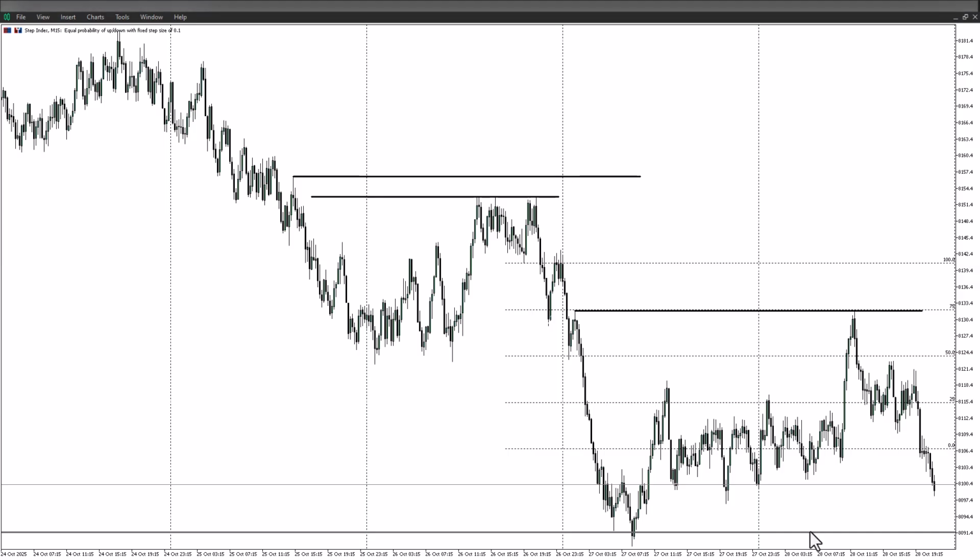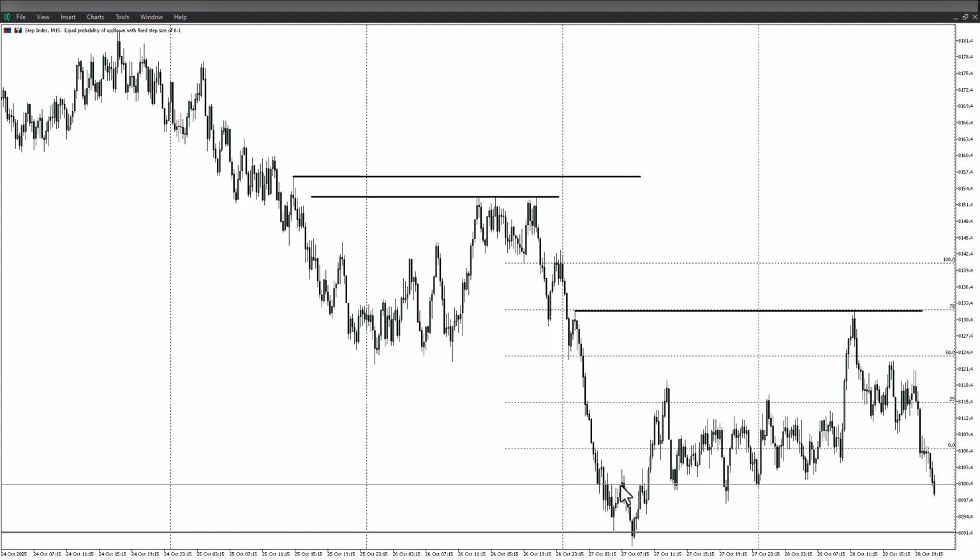Right down here we have the 20th of October's opening price. Price traded aggressively lower and it almost touched the 20th opening price, and then it retraced all the way back into the 4-hour time frame bullish order block.